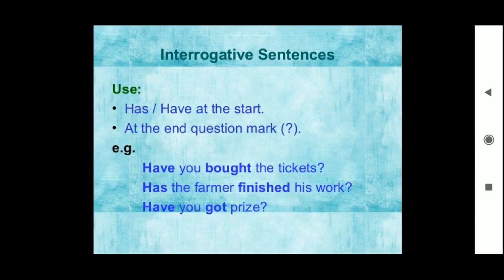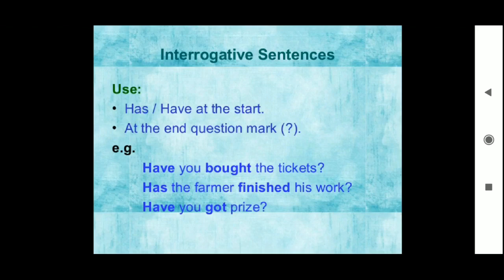Interrogative sentences. In present perfect interrogative sentences, we use has or have at the start, and at the end, a question mark. For example, have you bought the tickets? Has the farmer finished his work? Have you got prize?